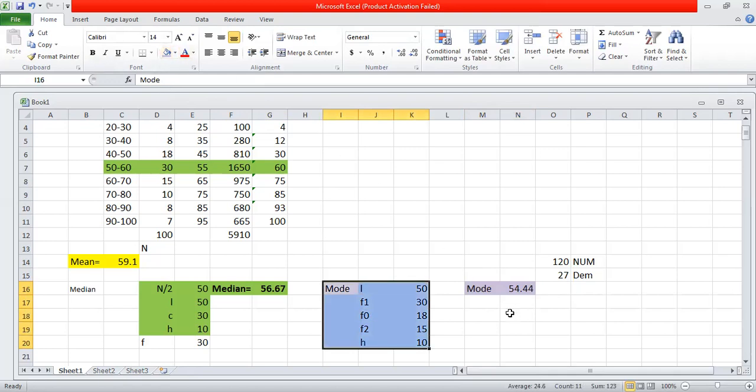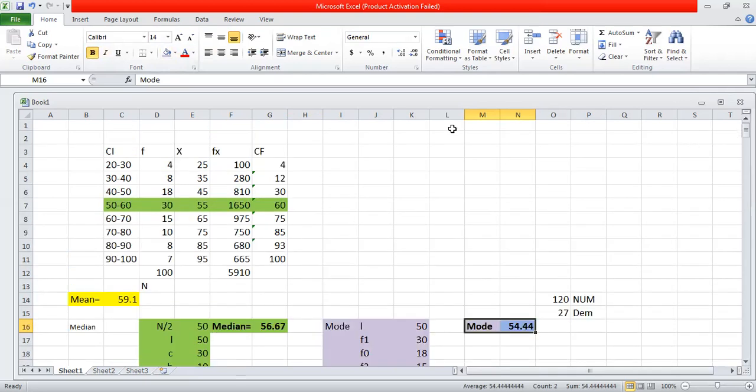So now we got the mean, median and mode, that is central tendency values are completed. Next, coming to dispersion. What is the dispersion? It studies about scatteredness, right? So we'll be calculating quartile deviation and standard deviation. First, coming to quartile deviation.